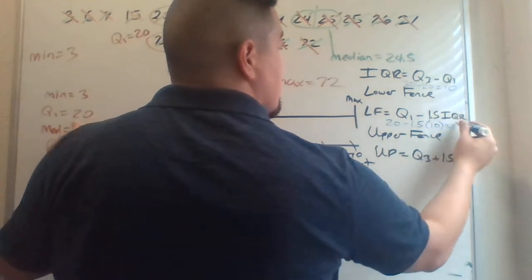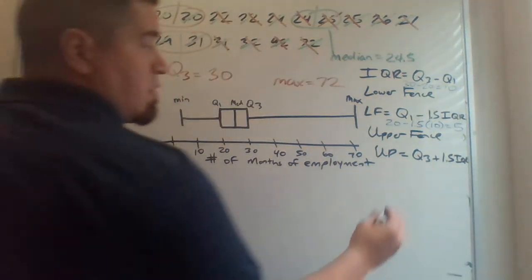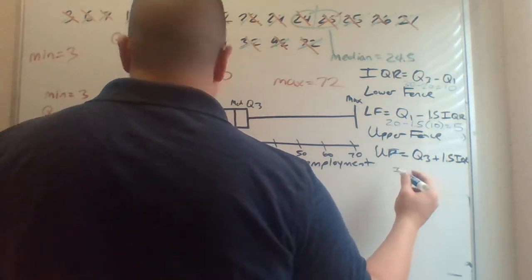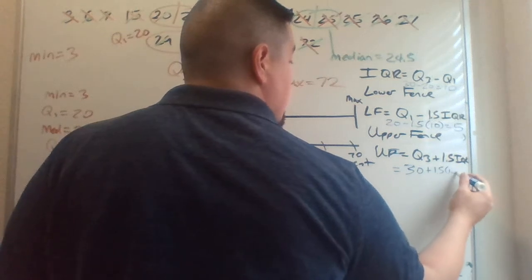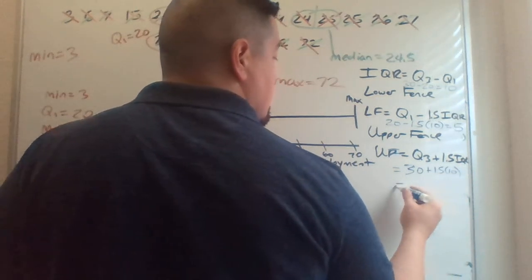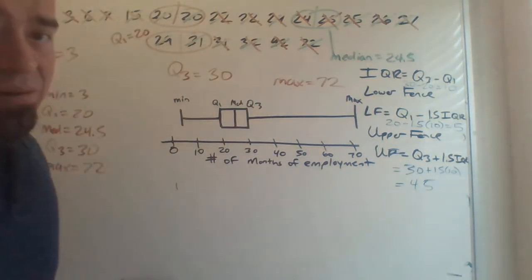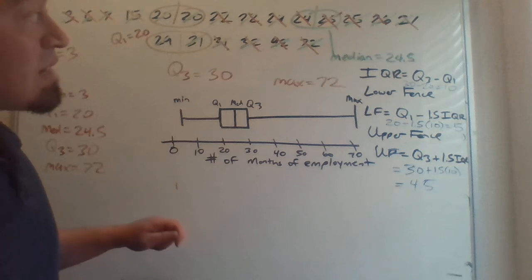That'll be 15, so 20 minus 15 is 5. The upper fence is Q3, 30, plus 1.5 times 10. 1.5 times 10 is 15, so that's 45. Okay, so you might be asking, what do this lower fence and upper fence do? Any numbers outside the fence will be considered outliers.